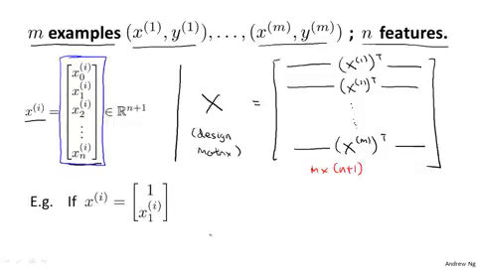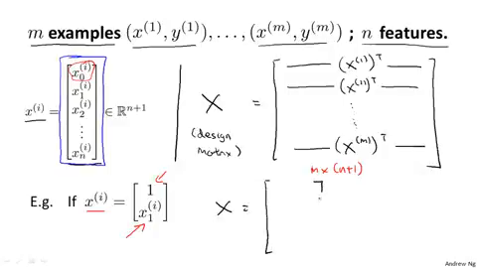As a concrete example, let's say I have really only one feature other than x0, which is always equal to 1. So if my feature vectors xi are equal to this 1, which is x0, and then some real feature, like maybe the size of the house, then my design matrix X would be equal to this.